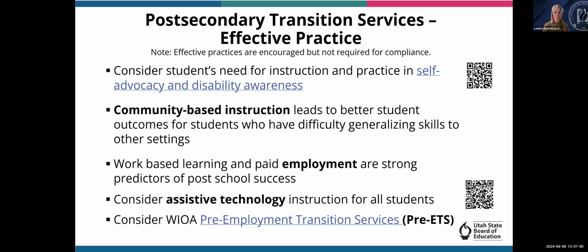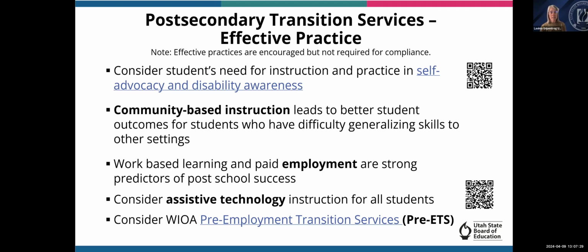By making choices and being a part of their IEP process and even being able to articulate their disability. I can't tell you how many students I worked with that were pretty verbal, but they had intellectual disabilities, but they had no idea why they were in special ed, or they did not know what their disability was. They didn't know what their strengths were or their needs, or even what their disability was called. So think about those kinds of things.